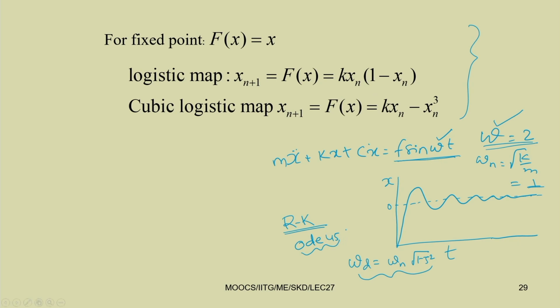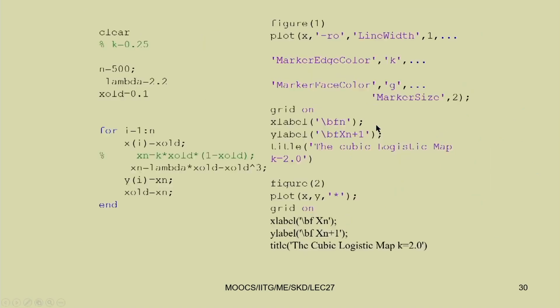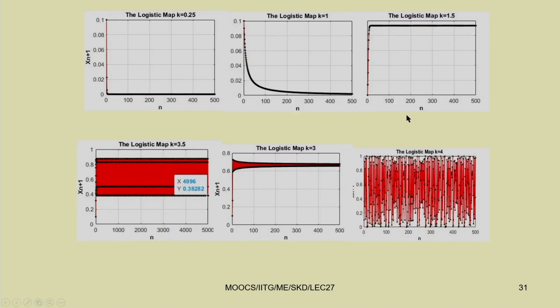This is the logistic map. For the cubic order logistic map, you can write x n plus 1 equal to k times x n minus x n cube, starting with x 0. Here your n will start from 0, so n equal to 0, 1, 2 like that. You can have different iterations.